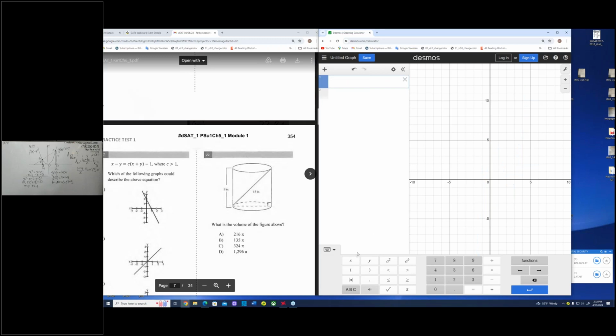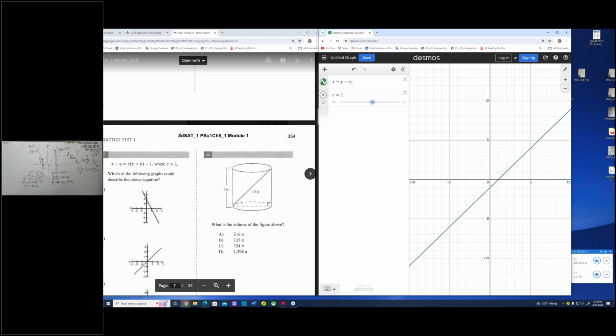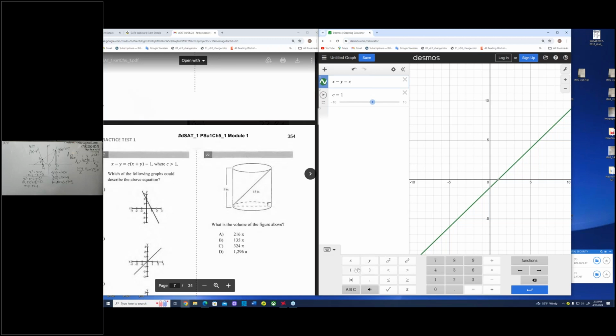Delete everything. x minus y equals, put C here, add slider here. After C, what is it? x plus y. x plus y.